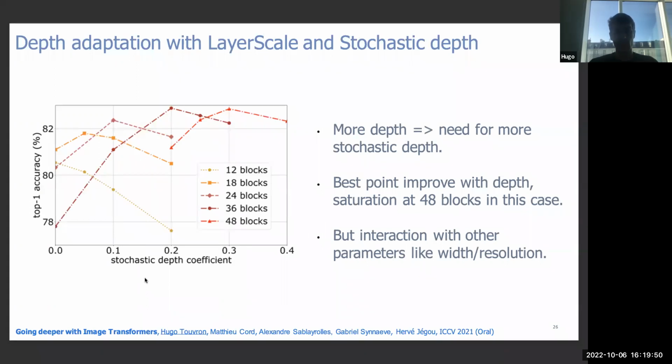Here you have a plot of the stochastic depth with different coefficients and the use of LayerScale, because when you use LayerScale, you have to use a different stochastic depth coefficient. And in this figure, you can see that with more depth, it's important to increase the stochastic depth coefficient.